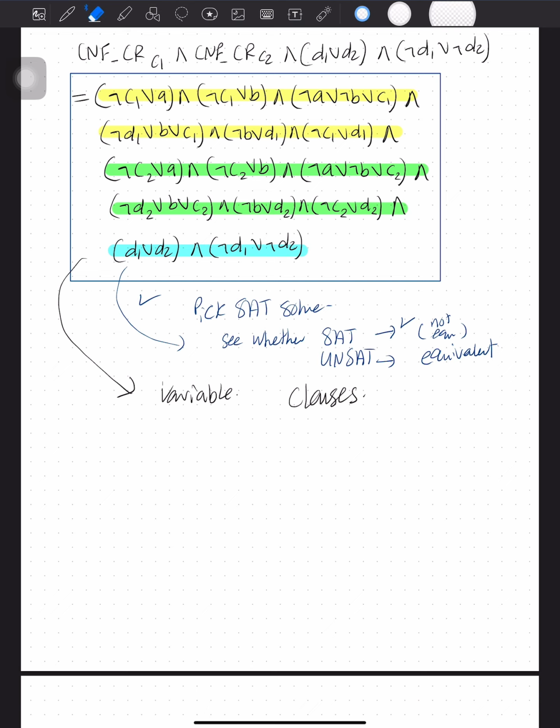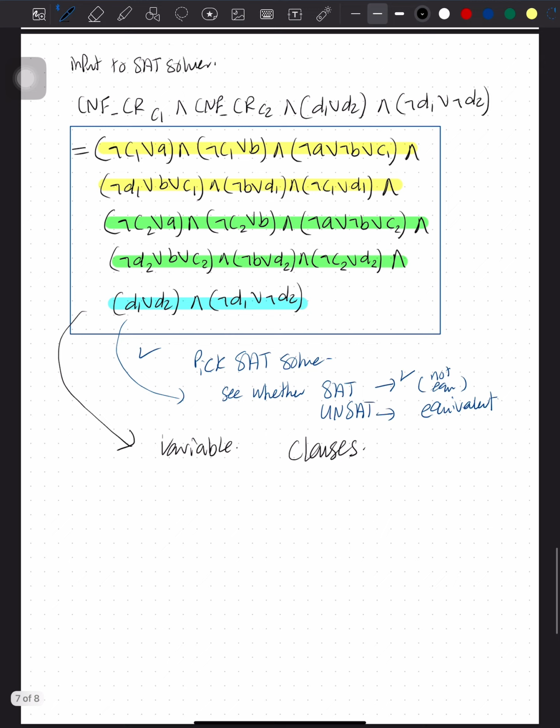So for example here, let's try to do as much as we can here. I have 1, 2, 3, 4, 5, 6, 7, 8, 9, 10, 11, 12, 13, 14. So I have 14 clauses here. Actually, let me remove this quickly. We said 14, right?